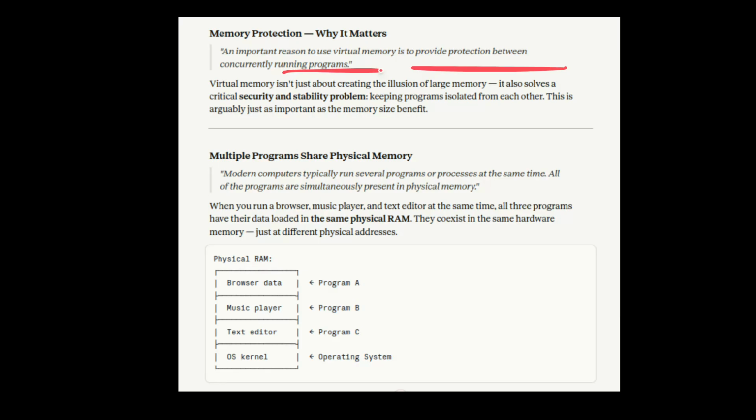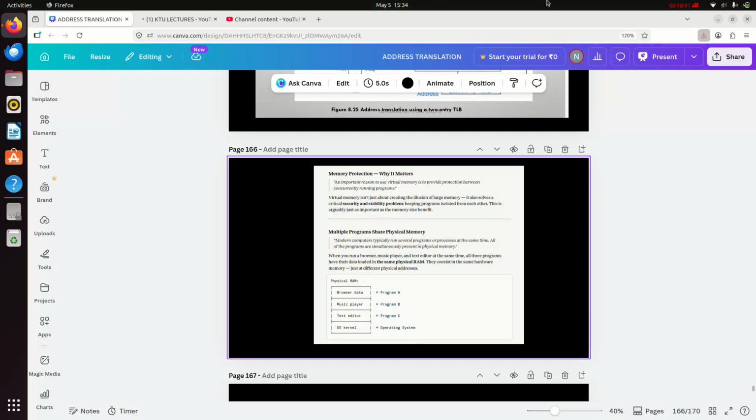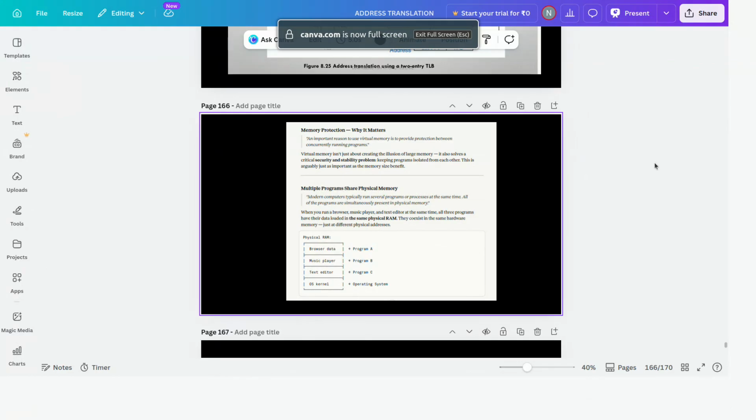It provides protection when multiple programs are running concurrently, by keeping the programs isolated from each other. So it is solving a critical security and stability problem. That is what you have to understand.